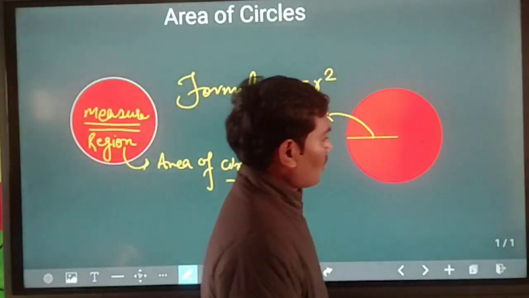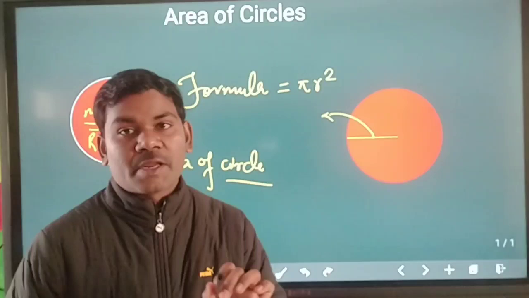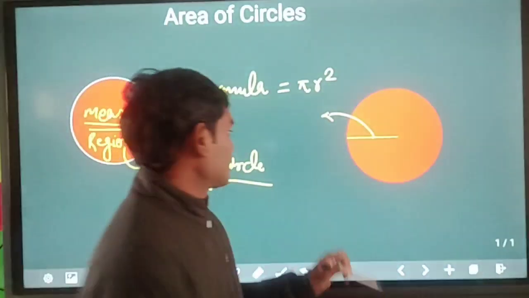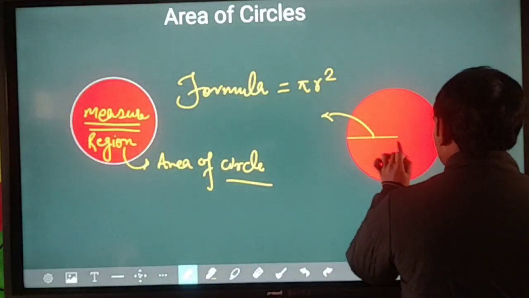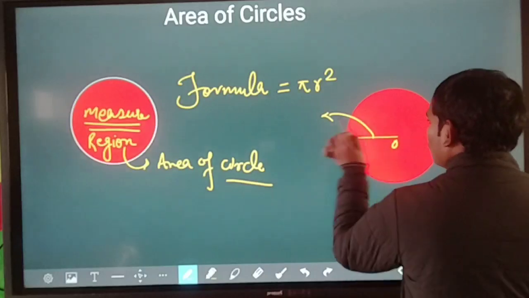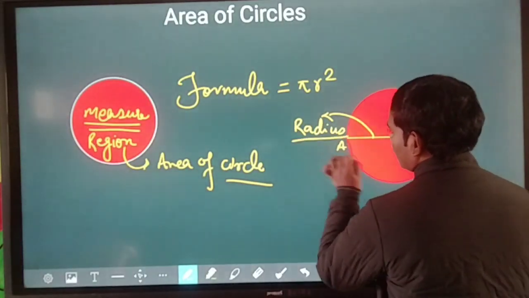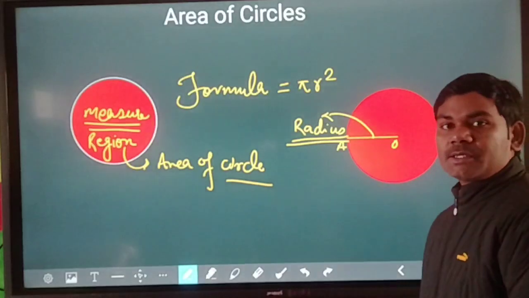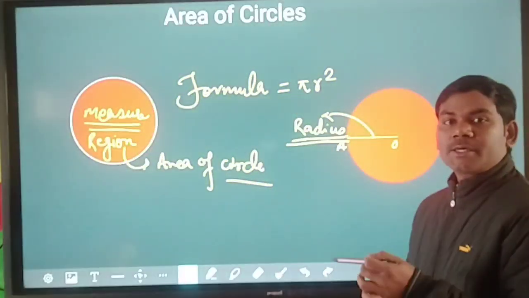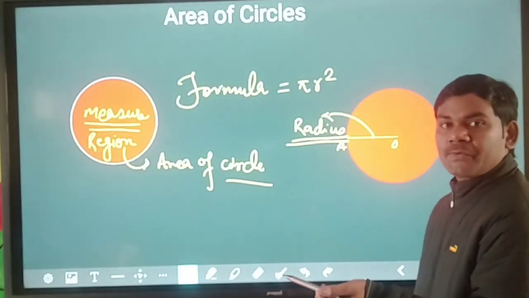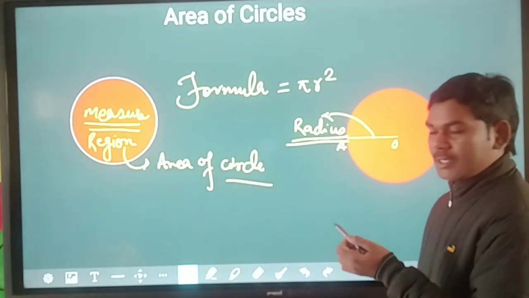The distance from center to its circumference is called radius. So this line OA is called its radius.